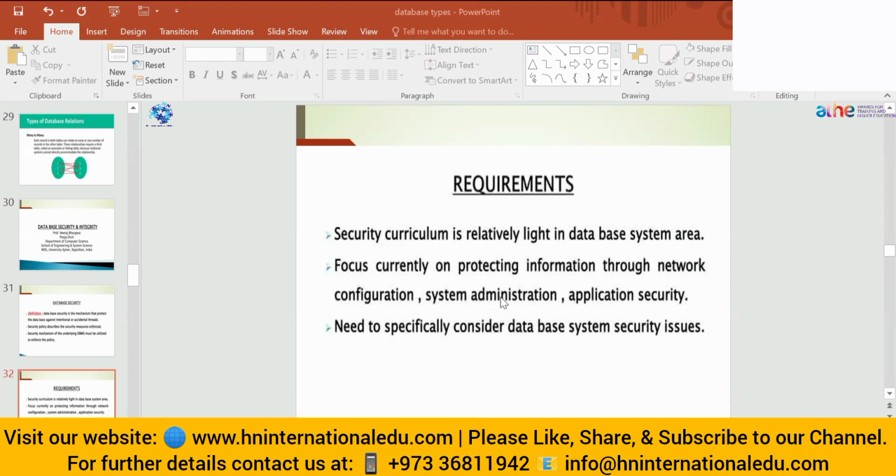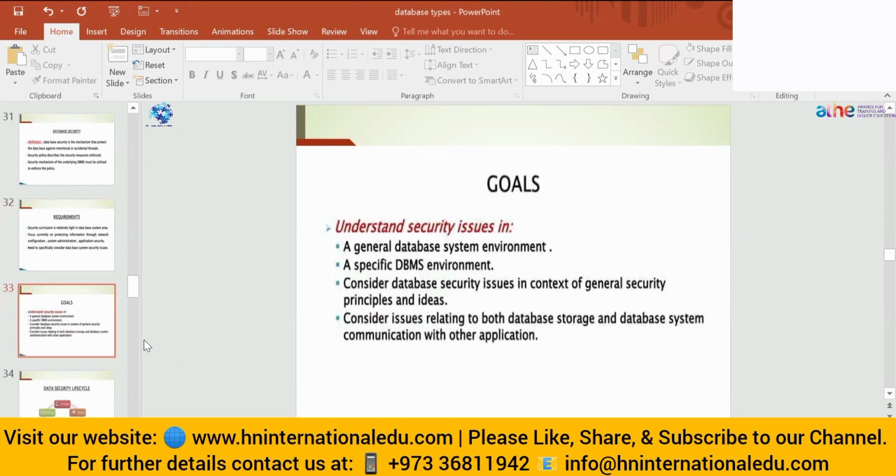What are the security issues that our database or data may face? Then what are the goals? Understand security issues in a general database system environment, and a specific DBMS environment, because the DBMS mainly does the retrieval, management, and administration.